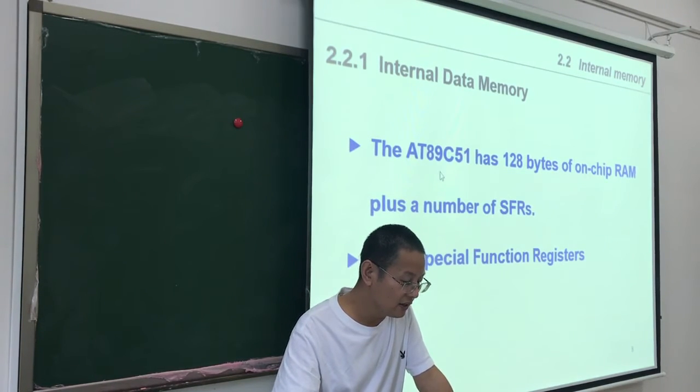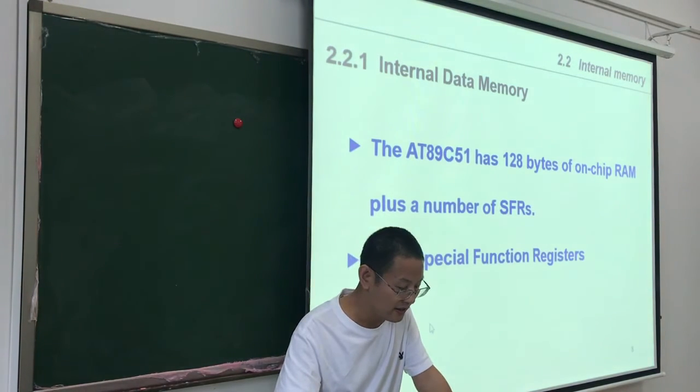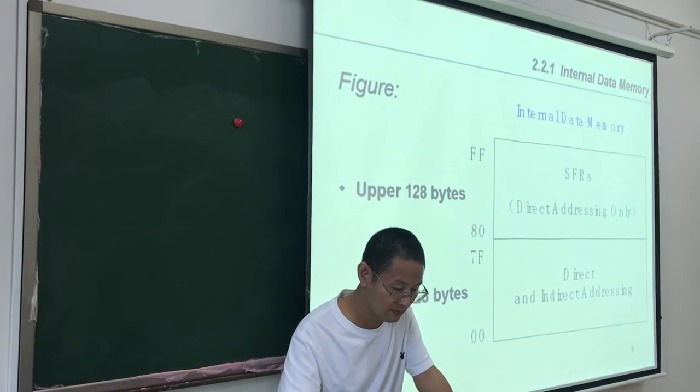The 80C51 has 128 bytes of on-chip RAM, plus a number of SFRs. SFR means special function register. This is the structure of internal data memory.